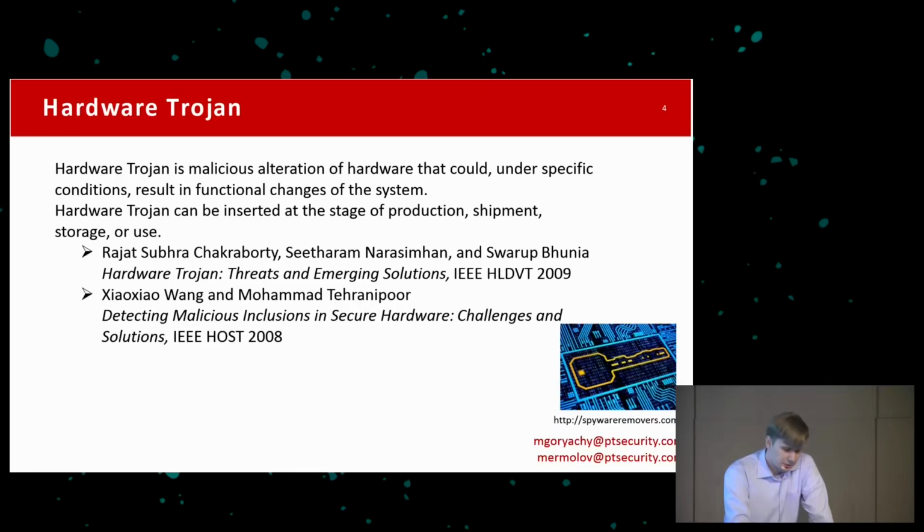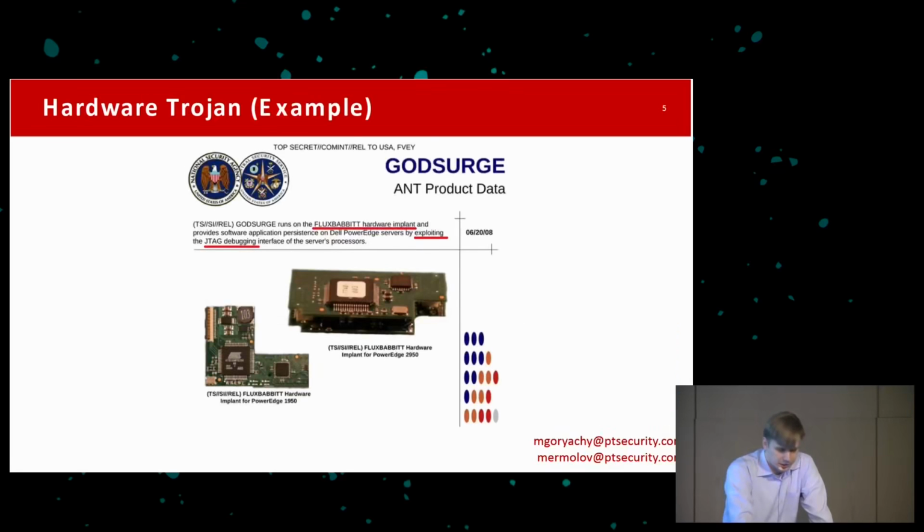I think there is no need to emphasize the timeliness of this attack vector. The NSA catalog, which recently became available to the public, contains information on a dedicated device for Dell servers that is in effect a classic hardware Trojan.